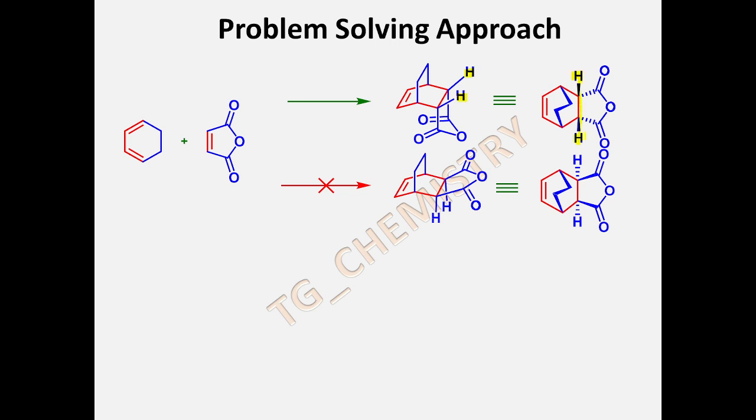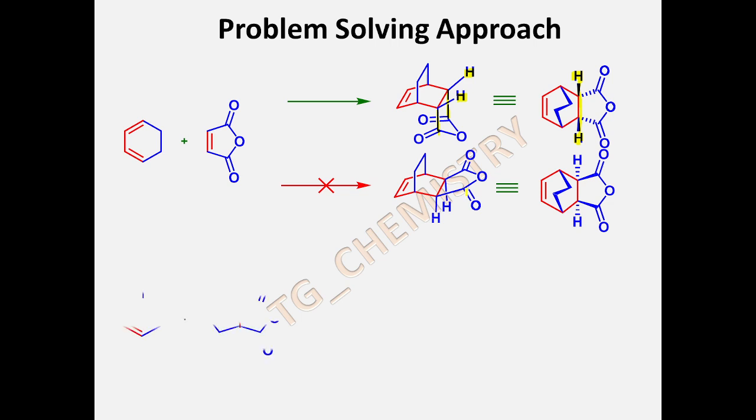Definitely these two bonds of the dienophile will go below the plane. So this should be the stereochemistry of the final product of this diene and dienophile reaction. We will not have the exo product here.